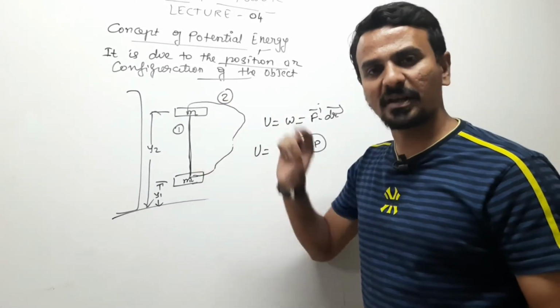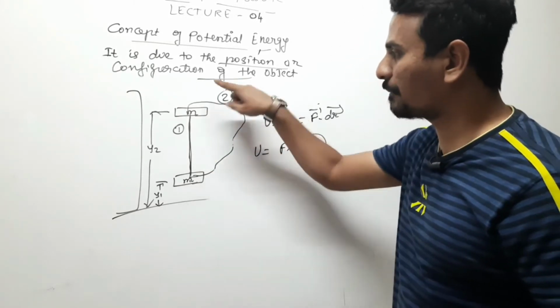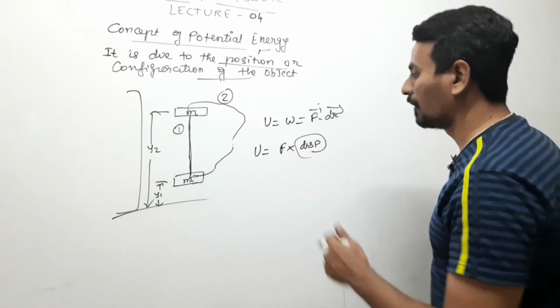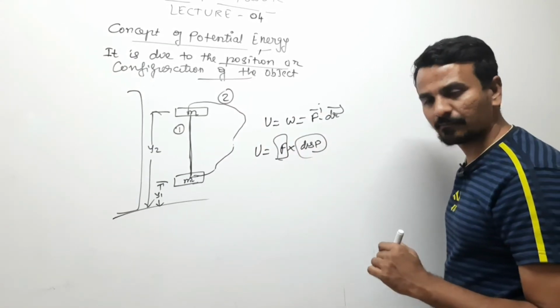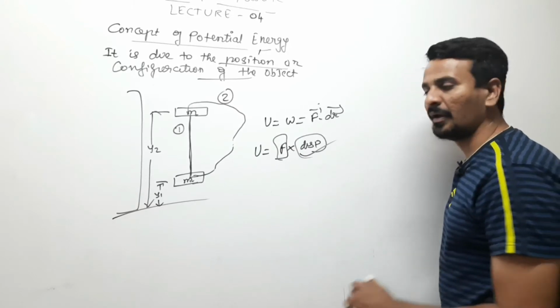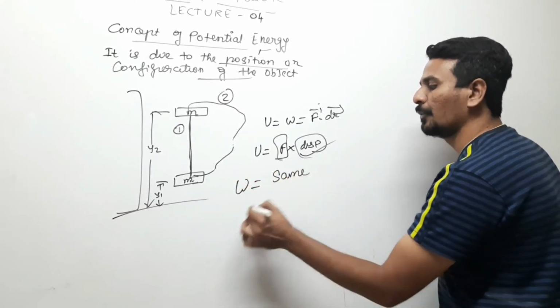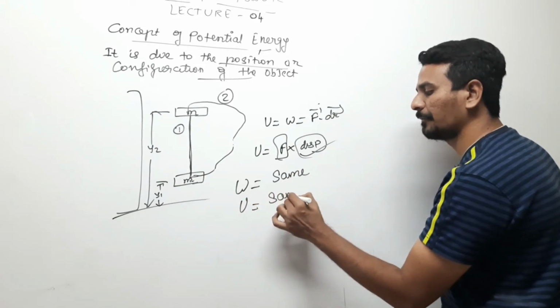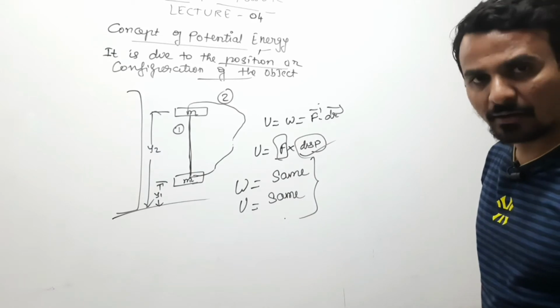Displacement means just join the initial and final position, right? So displacement in both paths will remain the same. So for work done, force is mg in both cases and displacement is also the same. So work done in both cases will remain the same. That means potential energy will remain the same. Clear? Right?